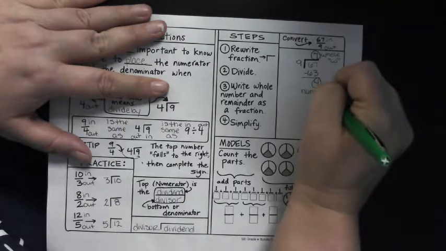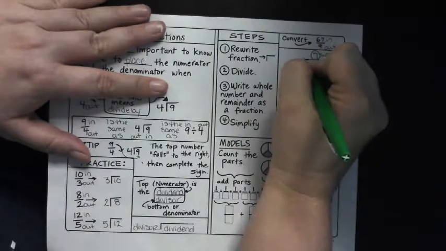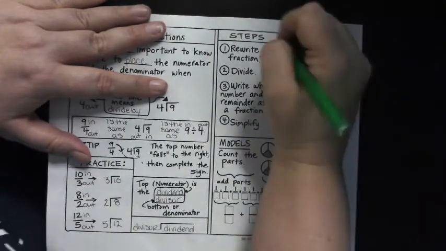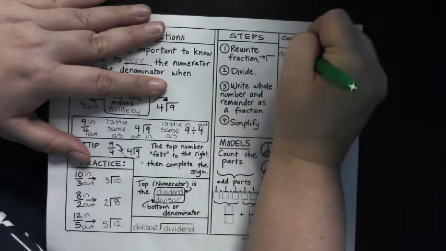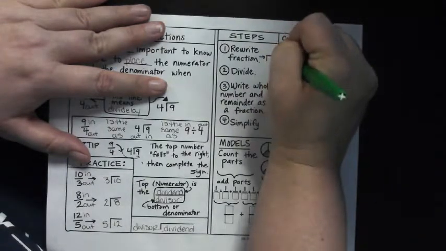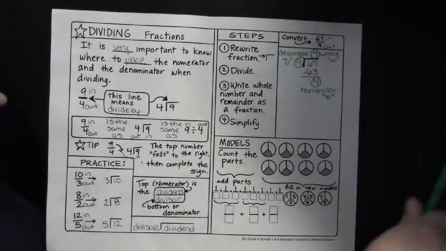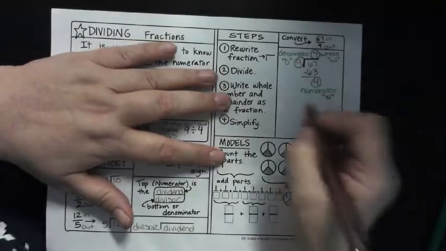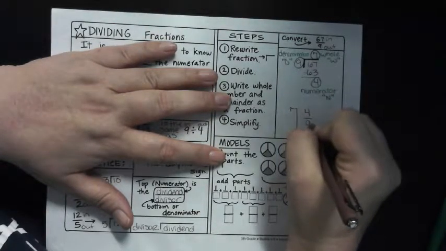And sometimes you'll just label it with an N. And then our divisor, that is our denominator, in which you just label it with a D. So if we use that mentality, then that means that our answer is 7 and 4/9.